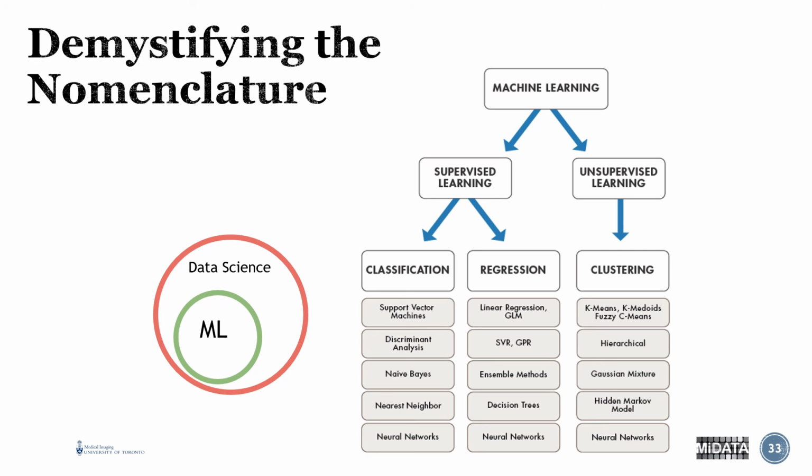Supervised learning is clearly the most approachable form of machine learning because it involves classic prediction. You want to predict something. For instance, in the case of a binary output, so yes, no, two levels, disease, no disease, cancer, no cancer, that's called classification.